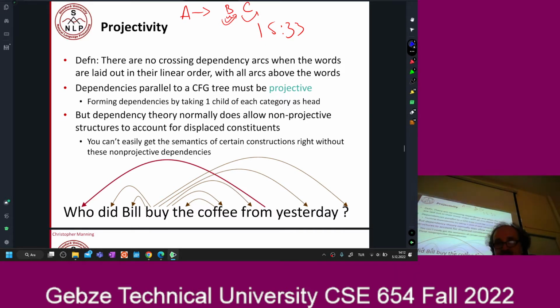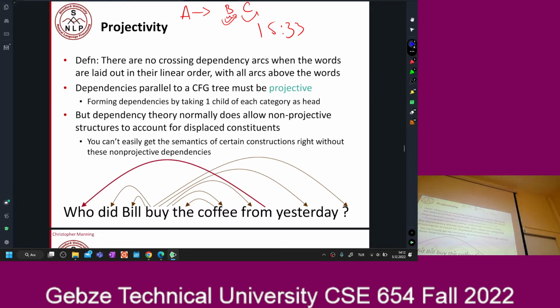Bill buy the coffee from who? No. From whom did Bill buy the coffee yesterday, right? That's the non-projective. That's the projective. This one. This is better. Yes.